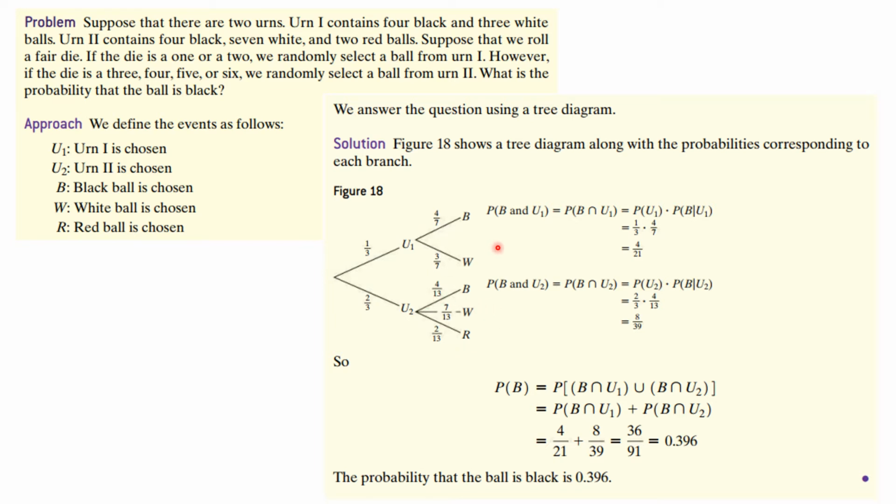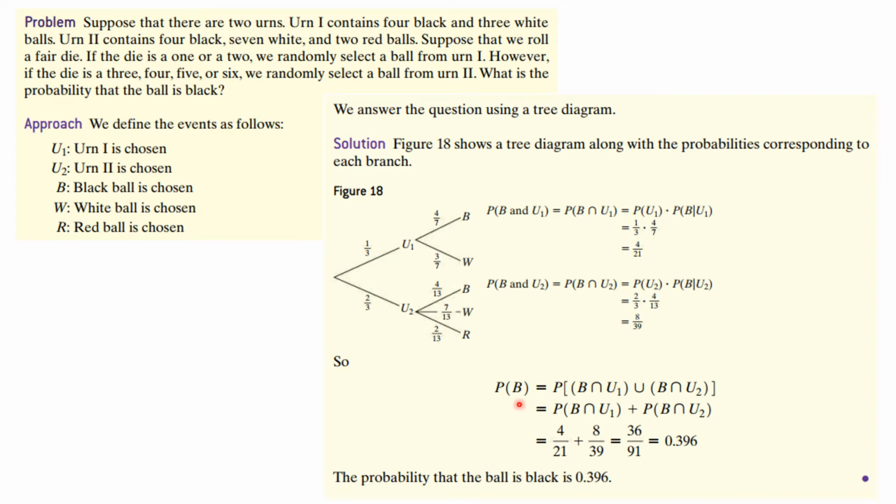So you see, the probability of black in urn 1 is you do urn 1 first and then black, and so you multiply those two numbers together, you get this. The probability of black in urn 2, so you got to go urn 2 first, and then you do black, so you go up here, you multiply those probabilities, you get this.